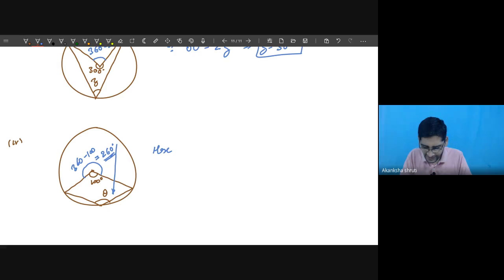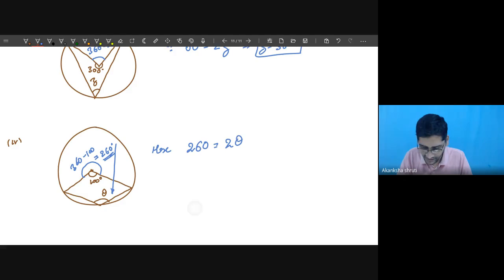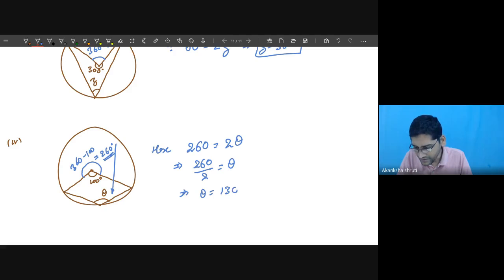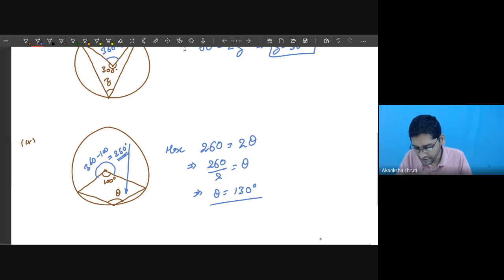You are getting that the angle must be in the same order. So 260 should be equal to twice of theta. So theta equals 260 by 2, which is 130. So theta is equal to 130 degrees. Is it okay, students?